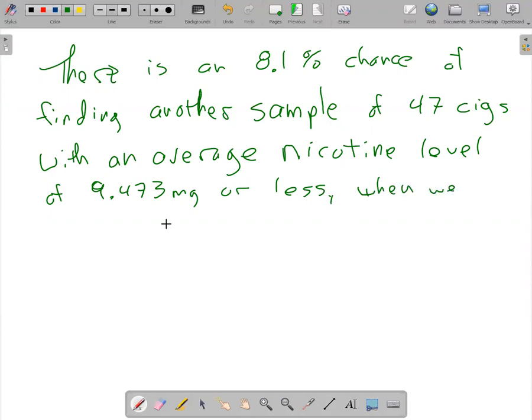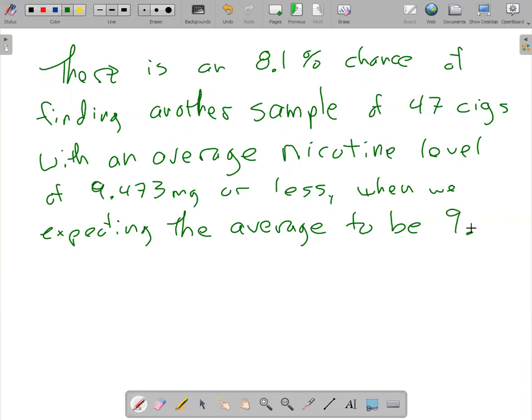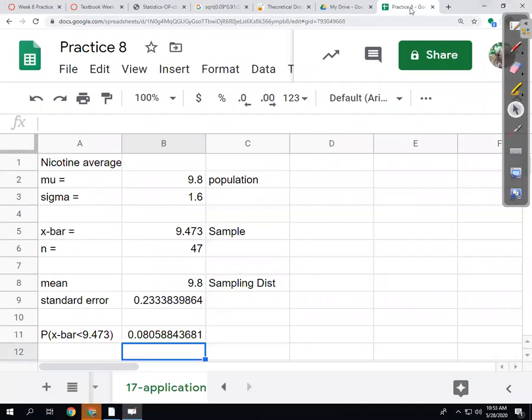When we were expecting the average to be 9.8 milligrams, right? Because they said assume it hasn't changed and then see if this seems like a remote chance.